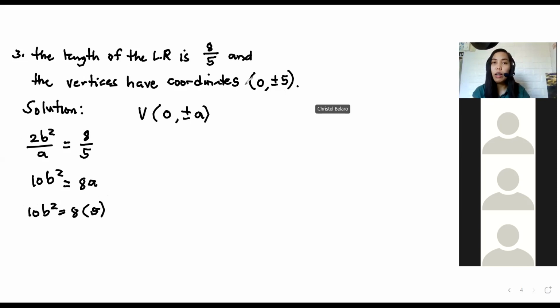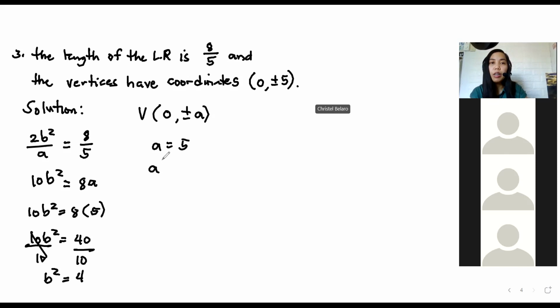Since we're talking about length, we need to take the positive. Okay, so we have 10b squared equals 8 times 5. The answer is 40. Divide by 10. So b squared is equal to 40 divided by 10, that is 4. Okay, so since a is equal to 5, therefore a squared is 25.